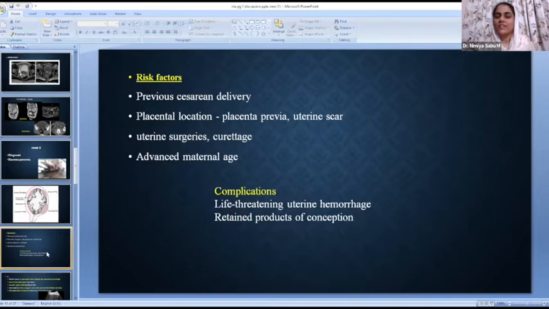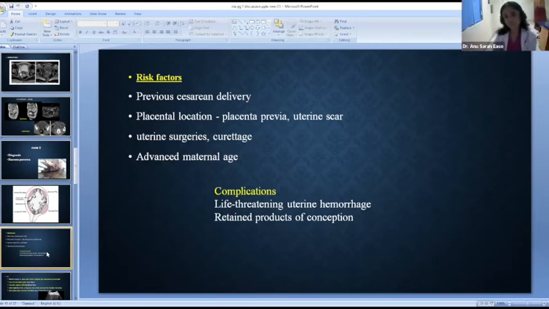Previous history of abnormal placentation is also itself a risk factor. And the complication will be life-threatening hemorrhage. If it's not diagnosed in the antenatal period, it can lead to heavy bleed during the time of delivery.